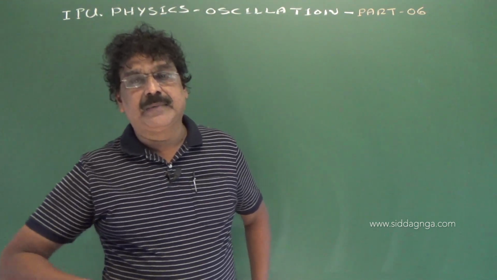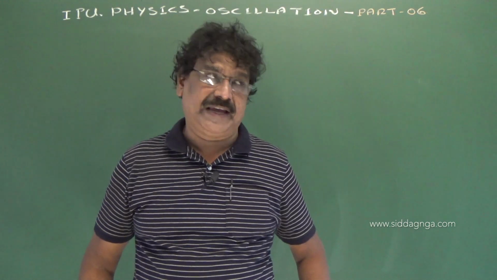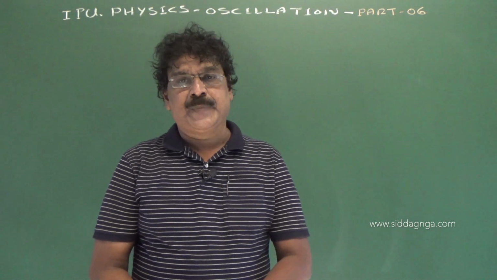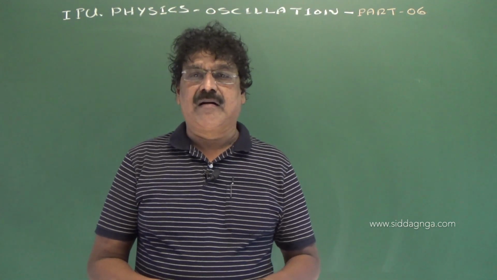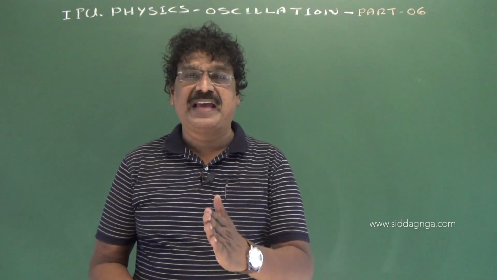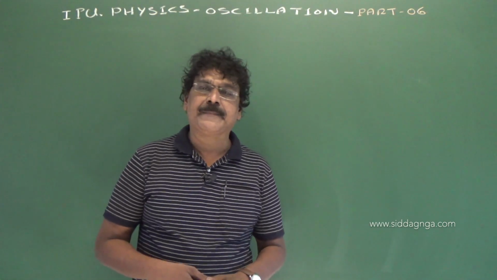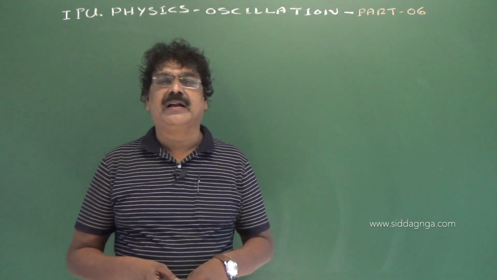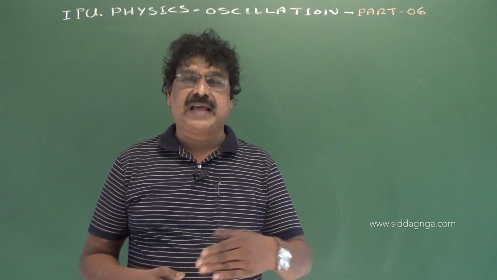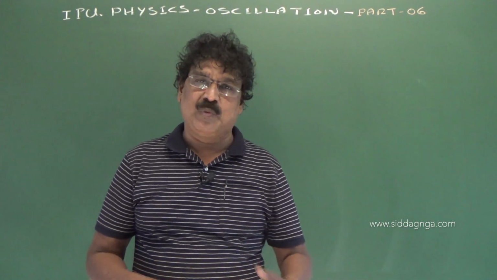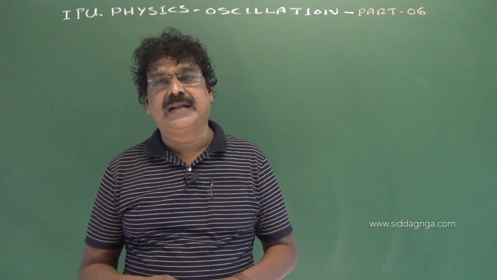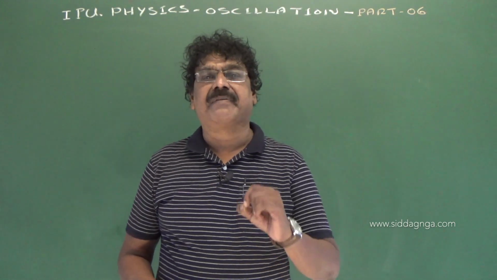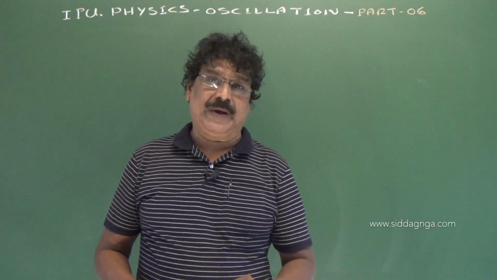In the previous class, that is in Part 5, we discussed one of the most important concepts, the phase of a vibrating particle, and how to find the phase of a vibrating particle at different instants of time during simple harmonic motion, and how to express it in terms of fraction of time period as well as in terms of fraction of the angle 2 pi.